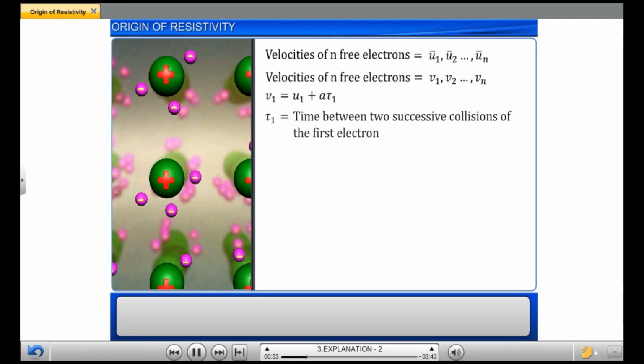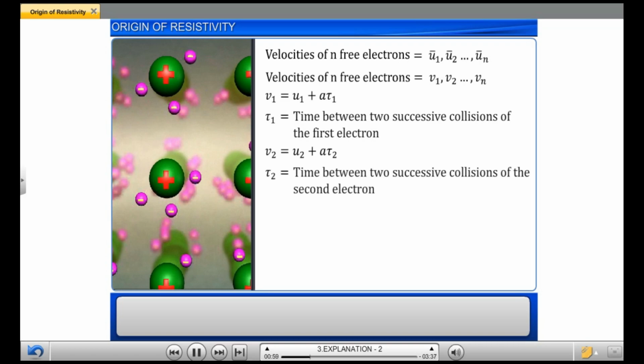Similarly, v2 is equal to u2 plus a into tau 2, where tau 2 is the time between two successive collisions of the second electron. So on till vn is equal to un plus a into tau n. The average velocity of all the free electrons is equal to the drift velocity vd.